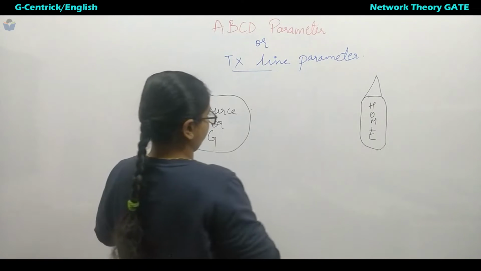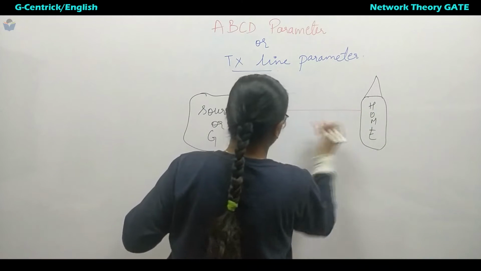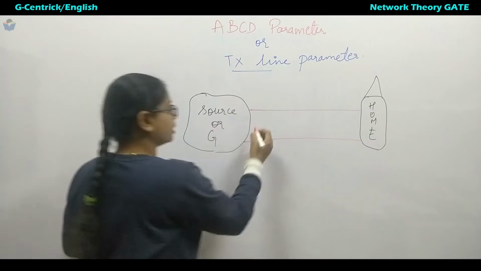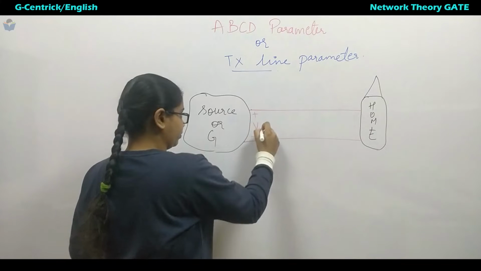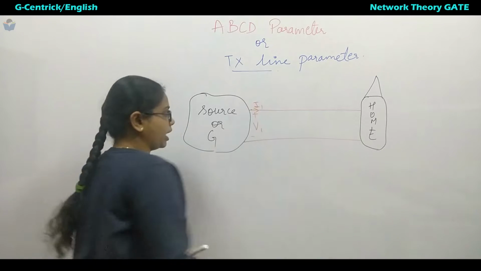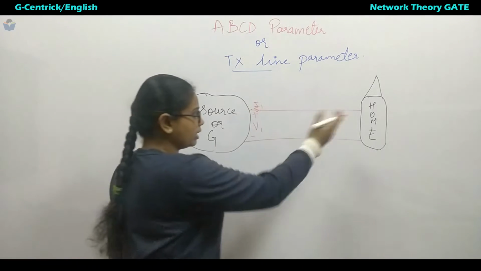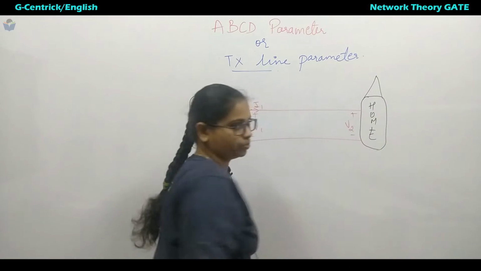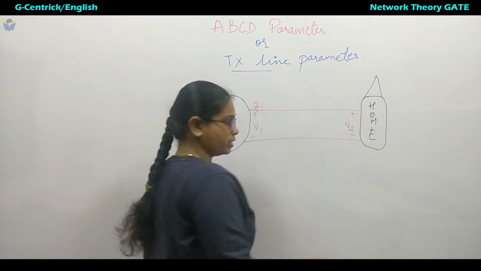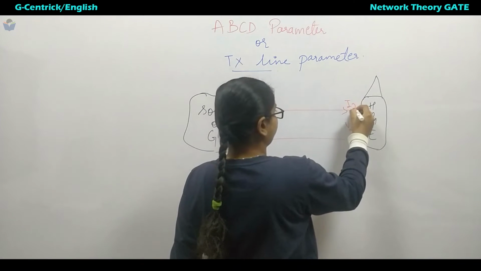So how do we write this transmission using the two-port network? Here there will be some generation voltage which we will call V1, and there will be some current I1 flowing from this one. Similarly, when it gets transmitted, we will get some voltage at our home. It may be single phase, two phase, and there will be I2 current.